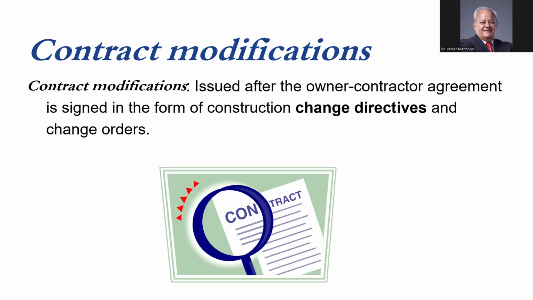So they can have different names. But the difference between this and the addenda is that you pay money if you do this. The owner will pay for these changes, even an addition or subtraction. They have to understand that the contractor is eligible to receive money due to wasted material, time, workmanship, and many other things. So as soon as you issue a contract modification, the contractor will send you a request for payment.